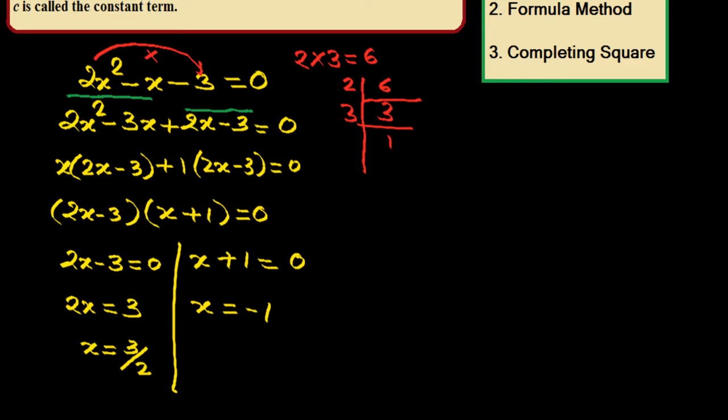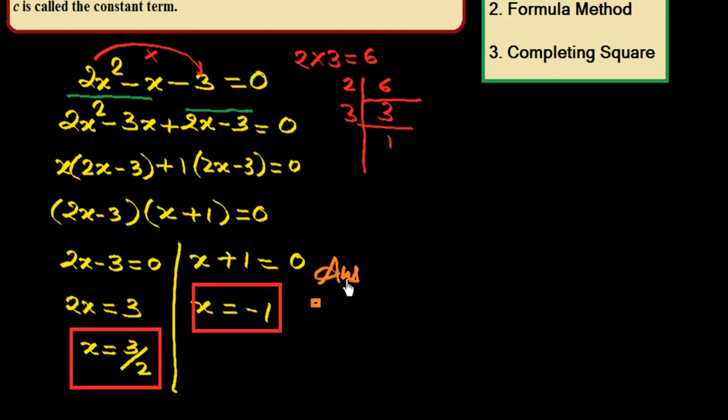So these are the roots we have got: x is equal to 3 over 2 and x is equal to minus 1. This is our answer. These two are the roots of this quadratic equation.